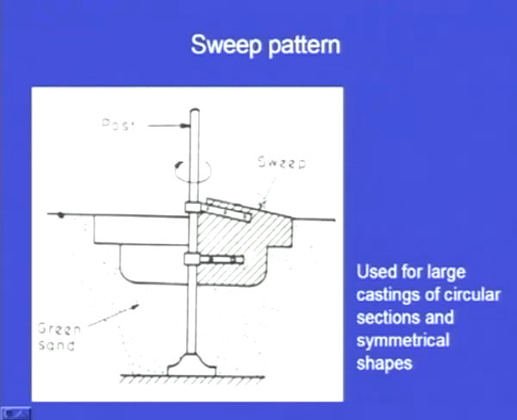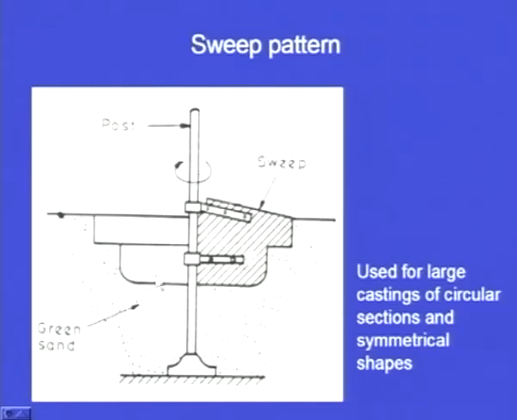Slowly we increase the depth, and finally the entire sweep is inserted into the molding sand. Finally, the required cavity, identical to the shape of the component we require, is created. Then we withdraw the sweep pattern, and we even withdraw this post.